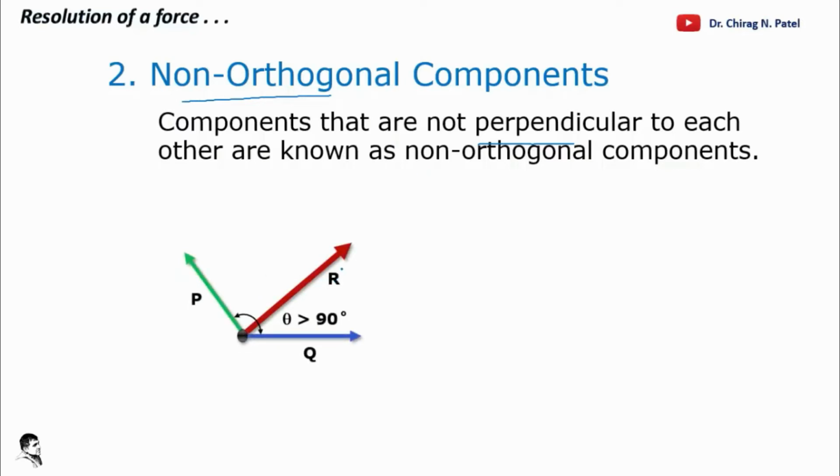Look at this force. This is the resultant or force R, and if P and Q are the components of that, and the angle between P and Q is more than 90, or maybe less than 90 degrees, we can say that P and Q are components in a non-orthogonal manner.